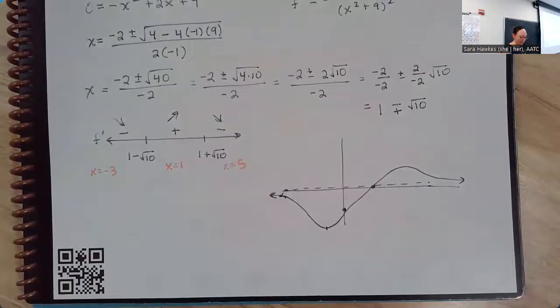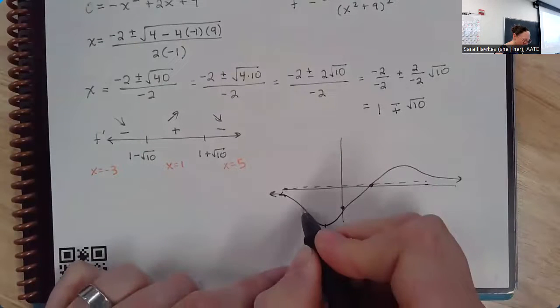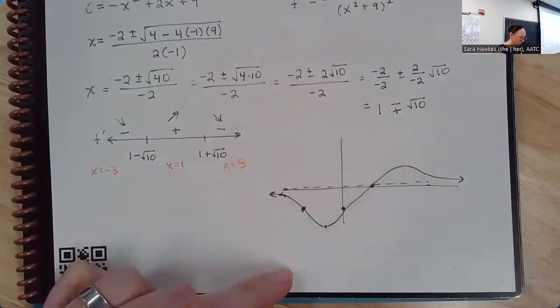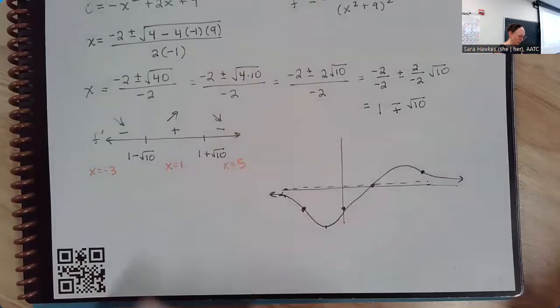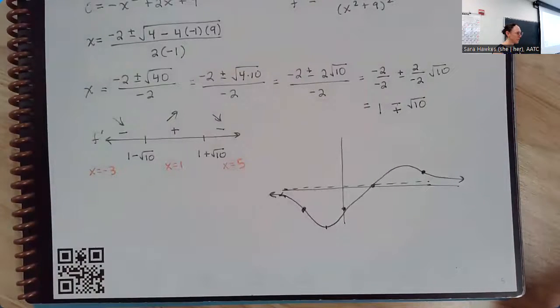In terms of the concavity, I can already tell that I should have an inflection point here, an inflection point somewhere in the middle, and an inflection point over here. So I'm expecting 3 points of inflection.